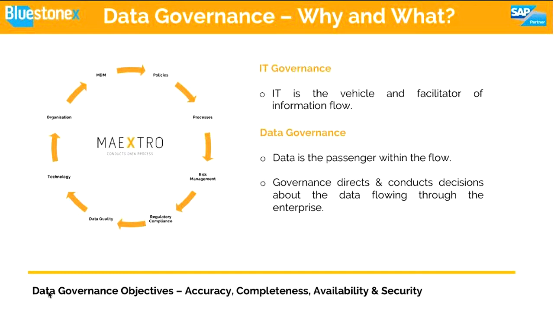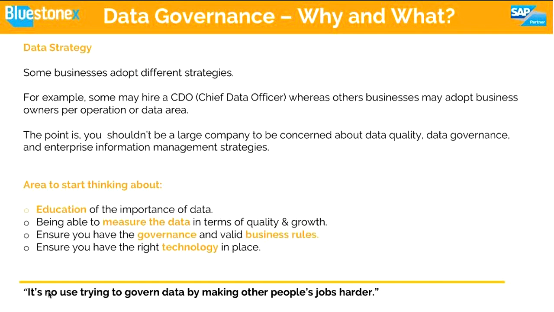Ultimately, the objectives of your data governance should be around accuracy and completeness of data, and who can see what, where. That's what a data governance strategy might look like and what facets should be included. Different businesses operate differently.